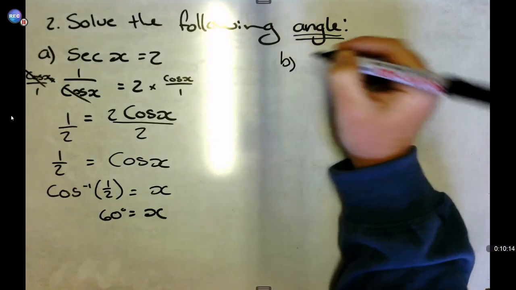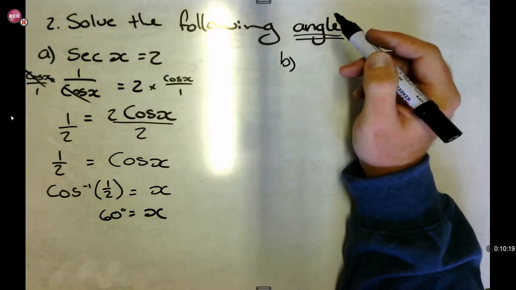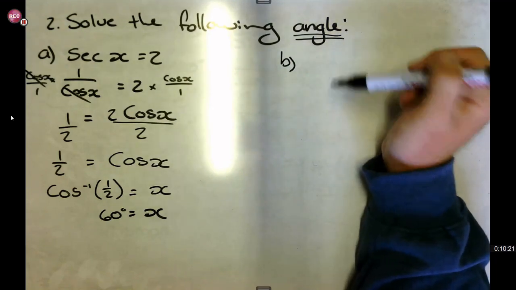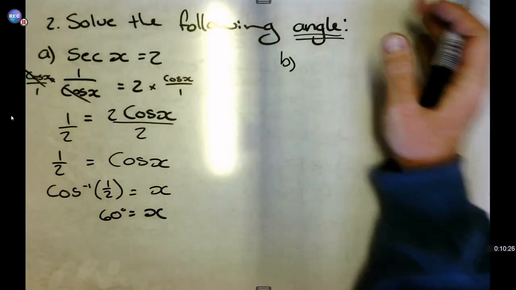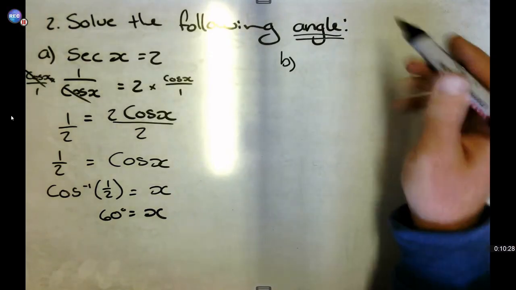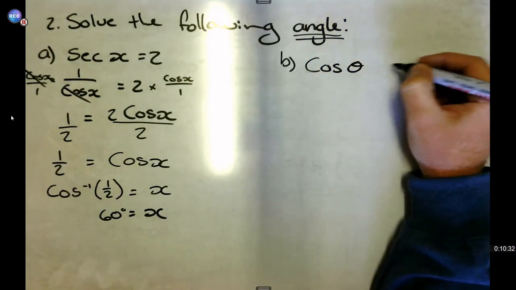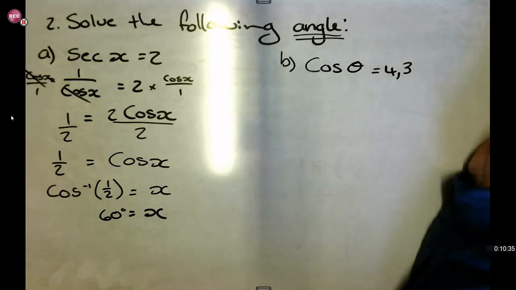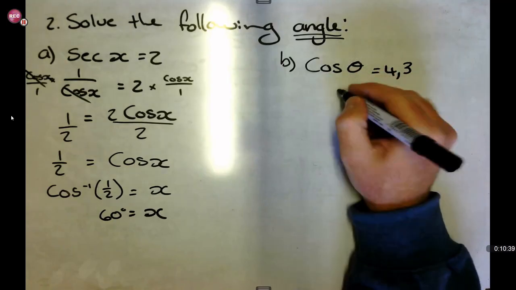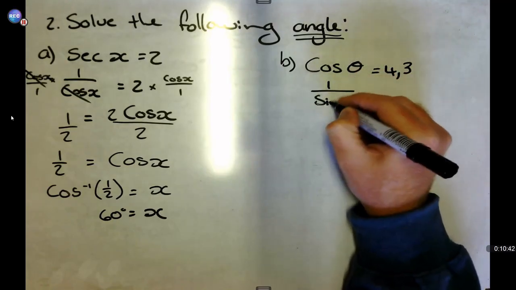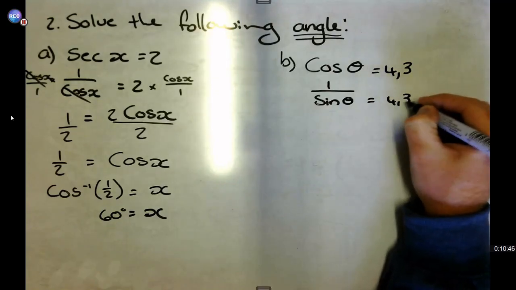Okay. Question B. So this question, you're going to do the same, but you need to round off to 2 decimal places. It's normally 2 decimal places, unless stated otherwise in your question. So our question over here is cos theta equals 4,3. So the reciprocal function for cos is 1 over sine theta, which is equal to 4,3.